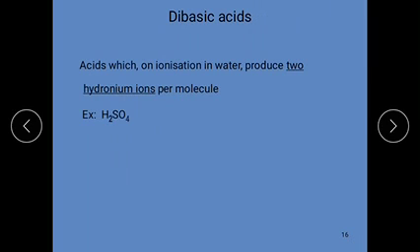Examples are H2SO4, sulfuric acid, H2SO3, sulfurous acid, H2C2O4, oxalic acid, H2CO3, carbonic acid.